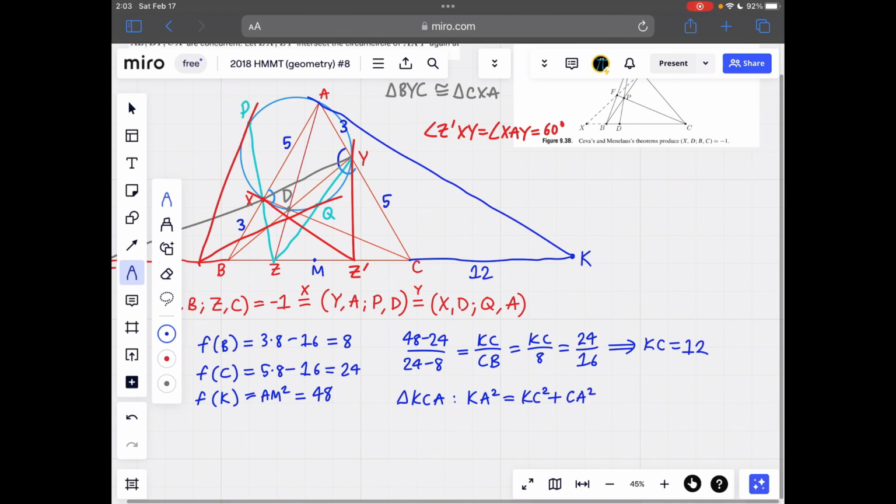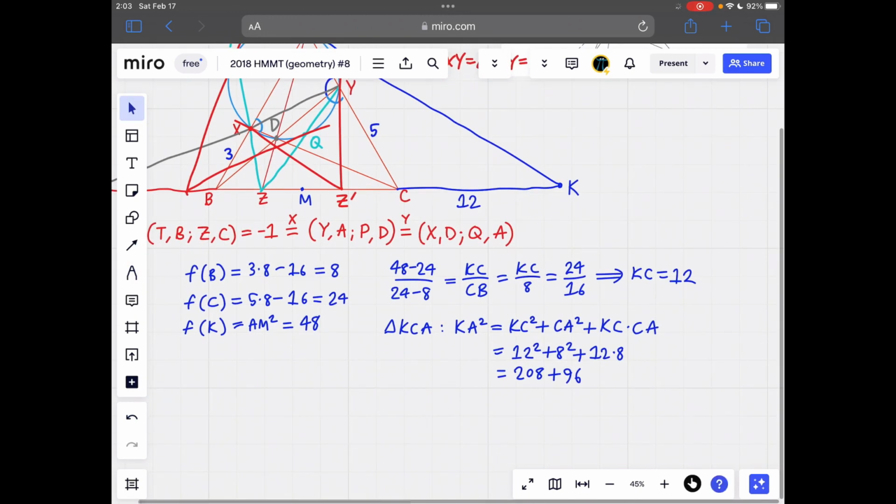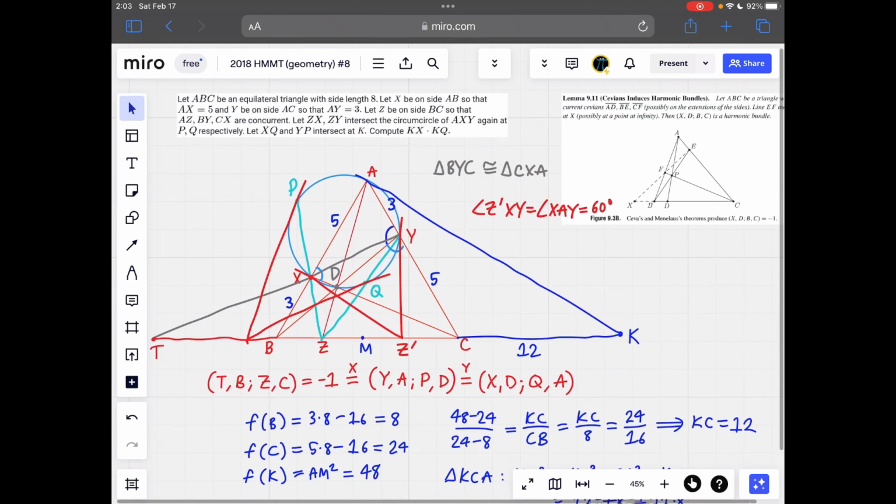And using the 120-degree angle, we just have plus KC times CA. And this is easy to find. That's just 12 squared plus 8 squared plus 12 times 8. 144 plus 64 is 208. And 12 times 8 is 96. 208 plus 96, that's equal to 304. And we are done. The answer to this problem is equal to 304.